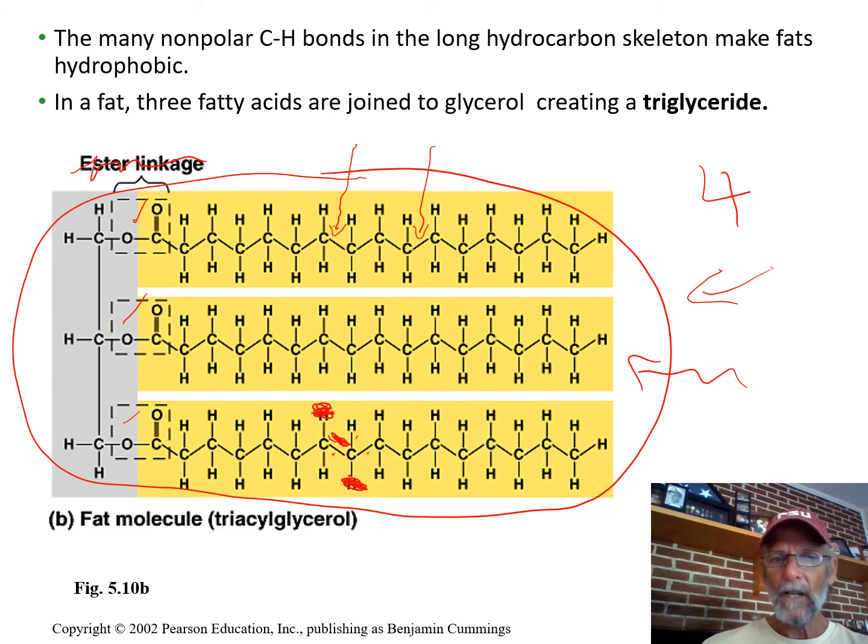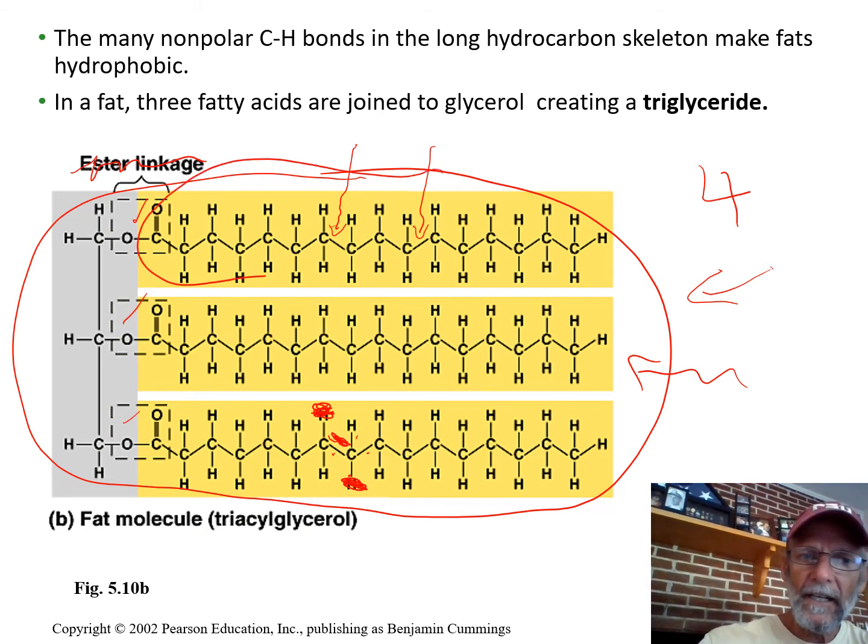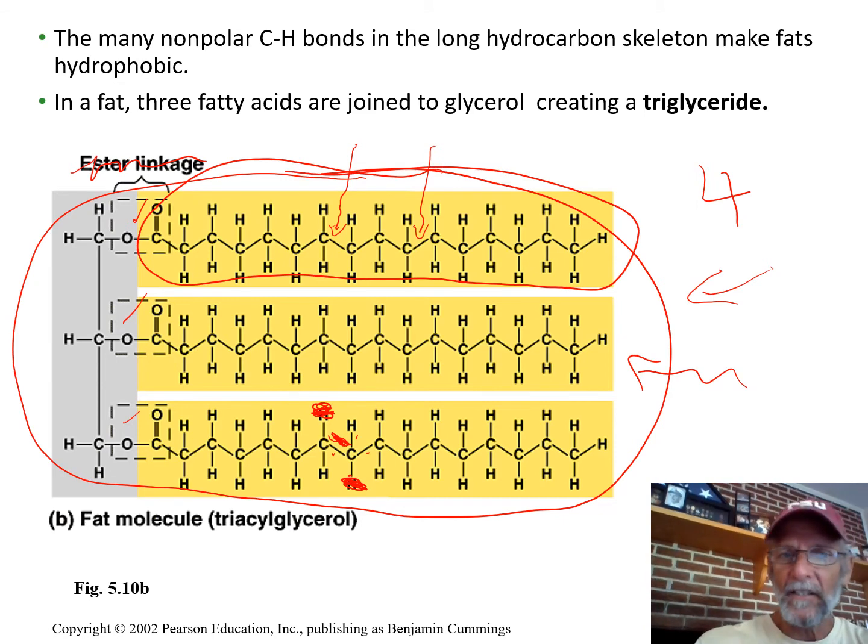All right? This is the essence of what the words saturated and unsaturated refer to. It's the bonds between carbons. And the words themselves actually refer to hydrogens. So this is a saturated fatty acid.